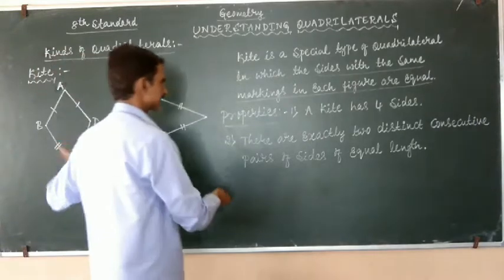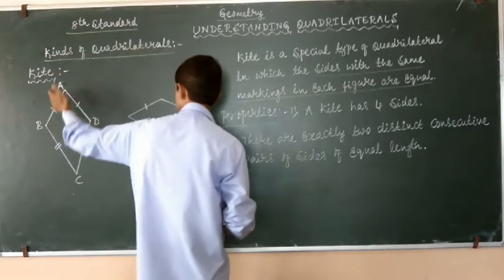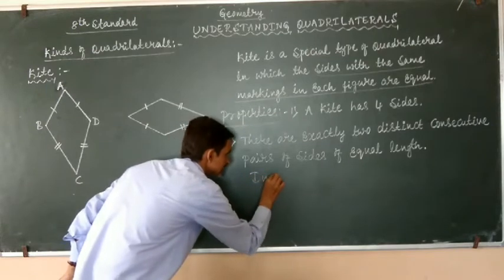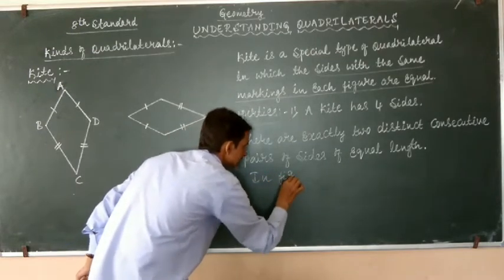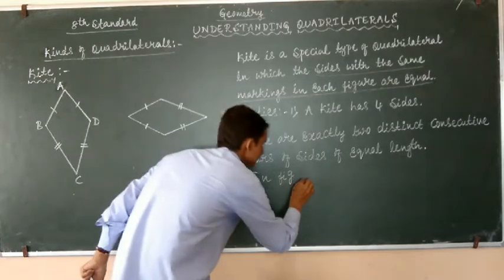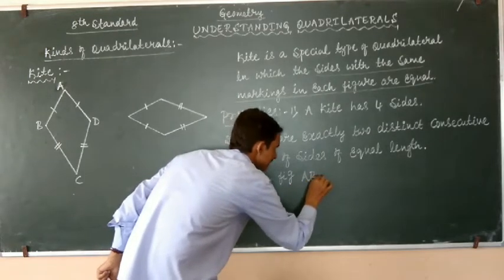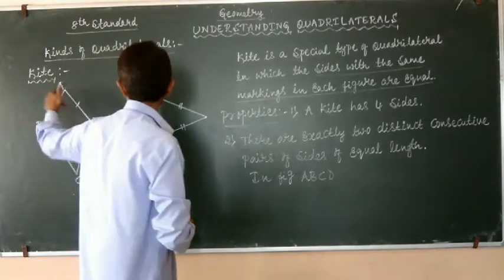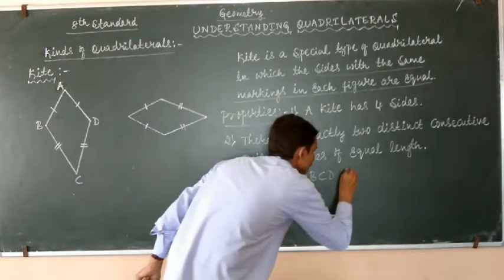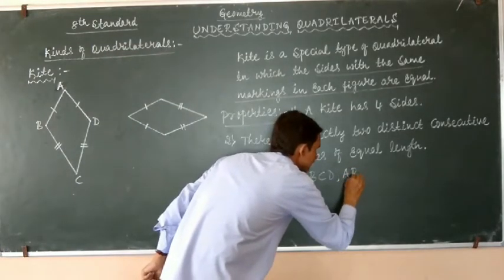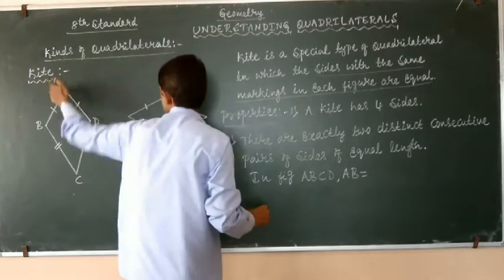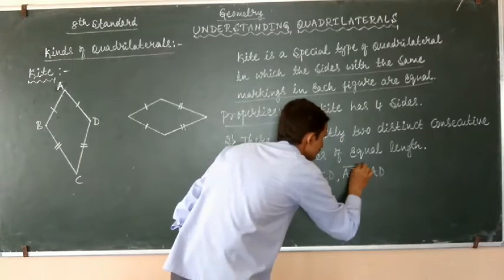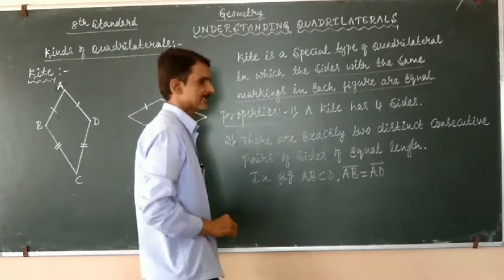Therefore we can write here, in figure ABCD, side AB is equal to side AD.